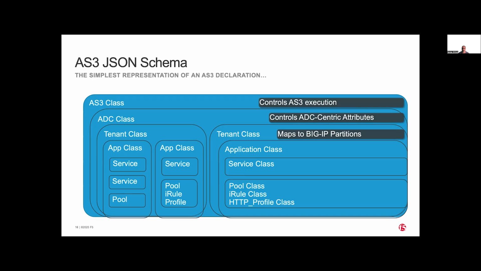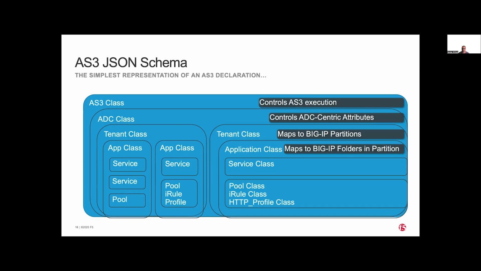Then, the second enclosure, we have the tenant class, which is nothing but mapping to the BIG-IP partition. So if you are creating multiple partitions, you need to create multiple tenant classes in AS3, and then you will have multiple partitions, and we'll see an example of that.